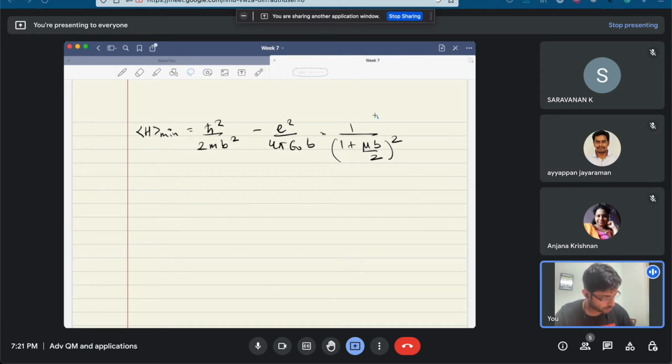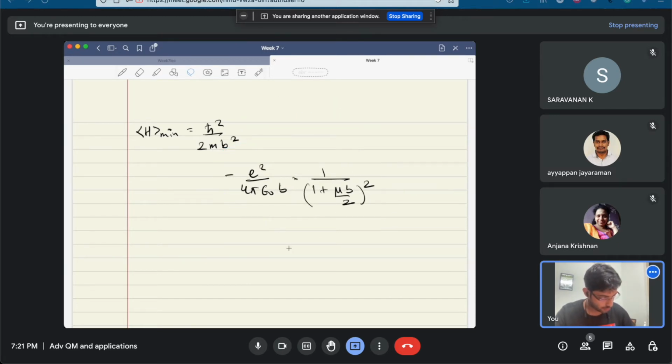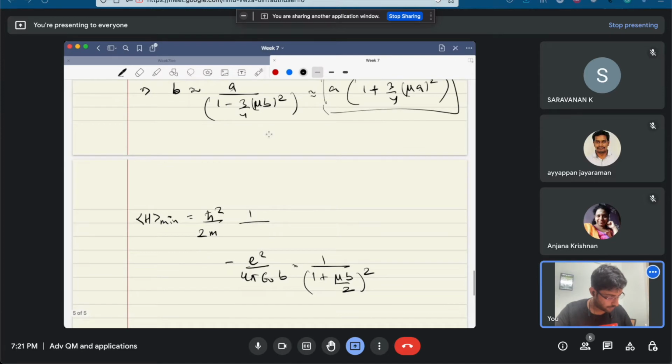So let me take this part down and substitute the b here. So we have 1 minus, b is given as a times 1 plus 3 by 4 mu a square.